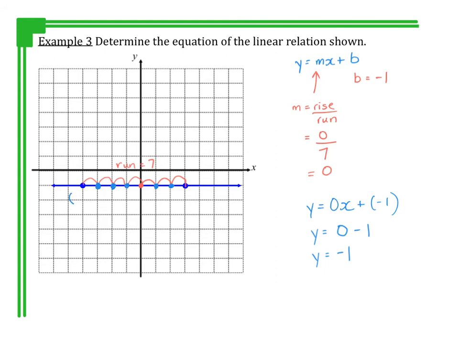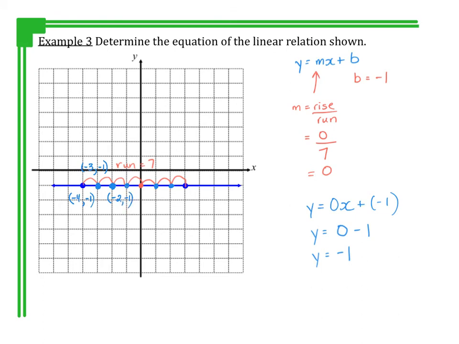This point has coordinates -4, -1. The next point right here, I hope you would agree, has coordinates -3, -1. If I move to this next point, as I move to the right here, this one has coordinates -2, -1.